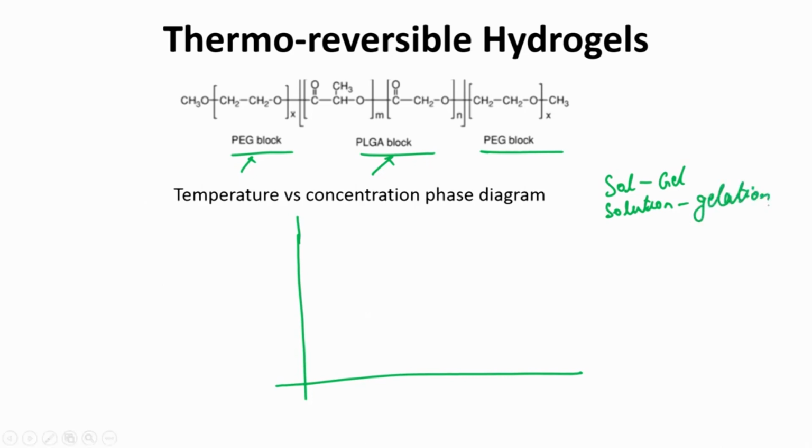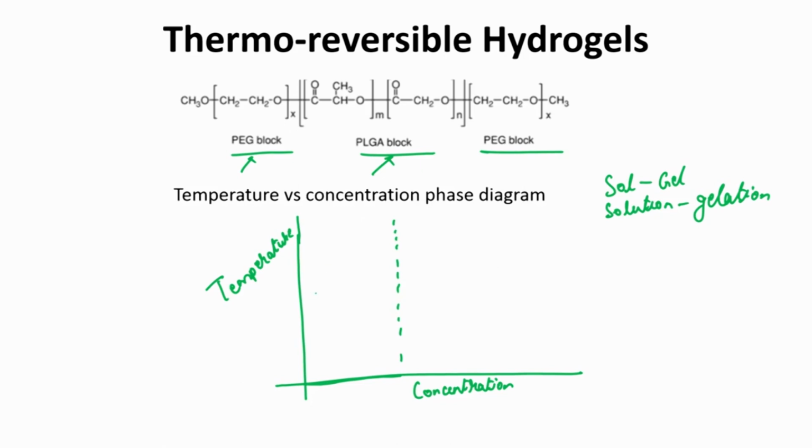So, now if I have to draw this, let us say the y axis is temperature, the x axis is concentration of your polymer. Okay. So, what will happen at lower concentration? Obviously I need a certain amount of concentration for it to gel at all. So, at let us say the lower concentration there is very little polymer around.